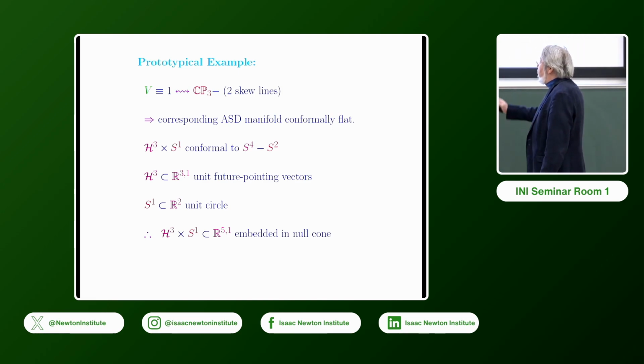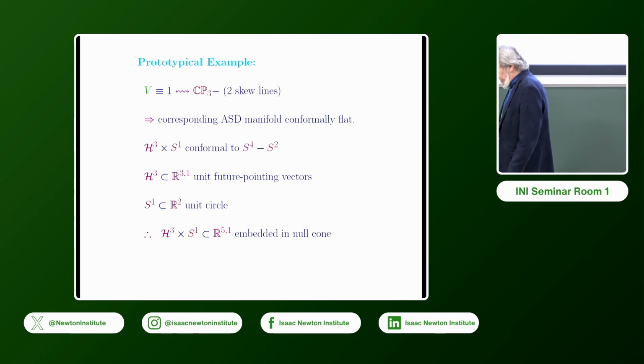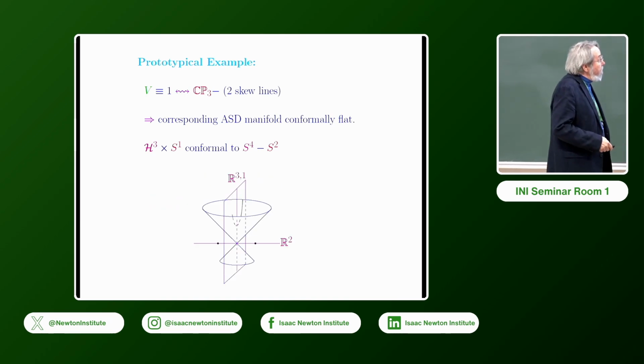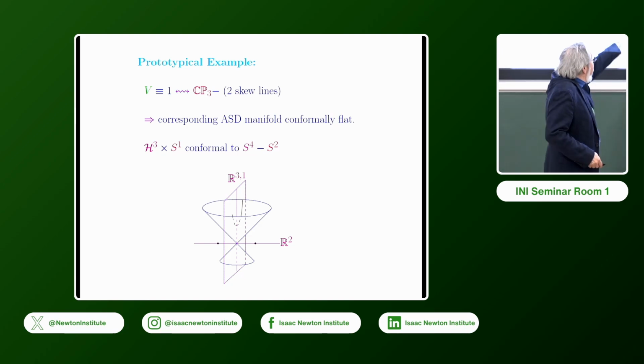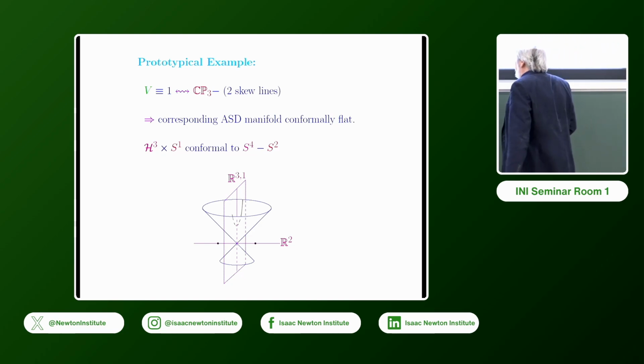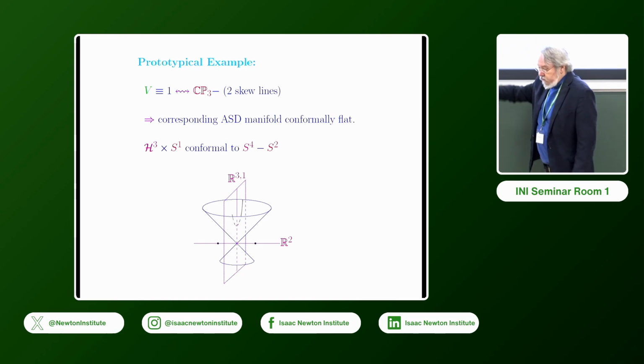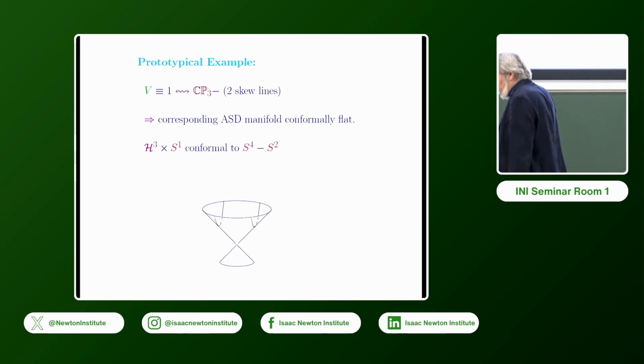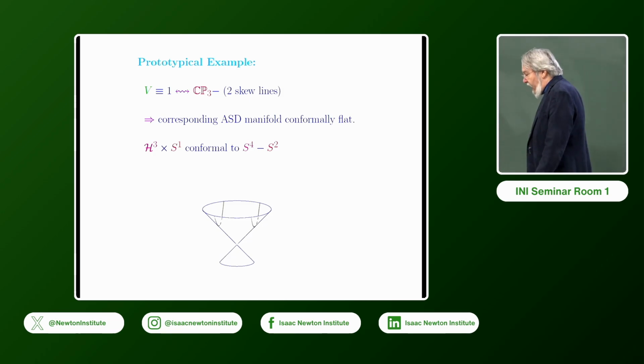But the observation is that just by adding the norm squared, every element in it is a null vector. It's actually sitting in the null cone. So we take the unit future hyperboloid in Minkowski 4-space times the unit circle in R2, and look at the product that naturally sits inside the null cone. And there's a map to the sphere.